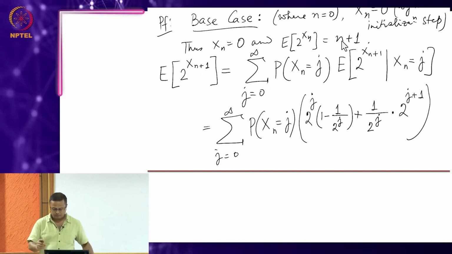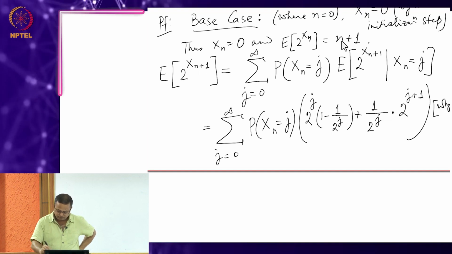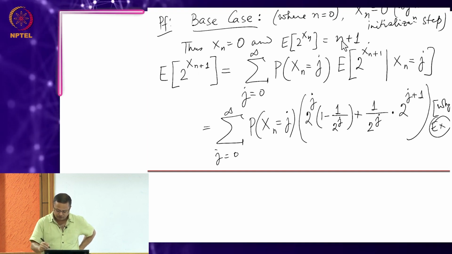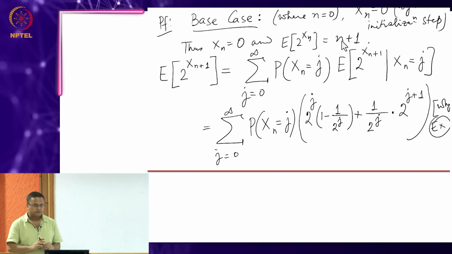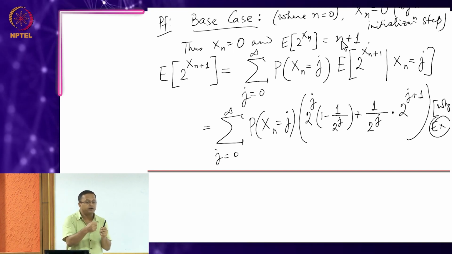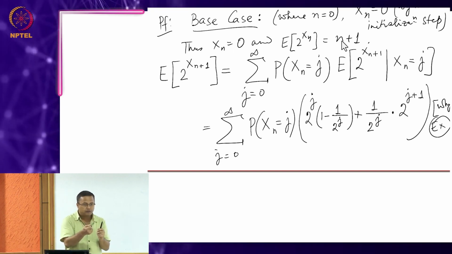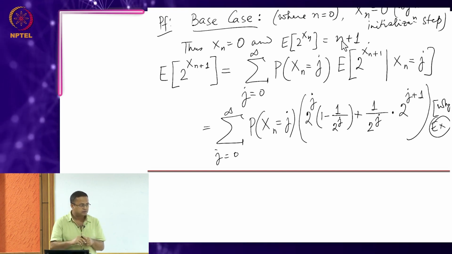Why is it so? Think over it, an exercise. You incremented x with a probability of 1 by 2 to the x, right.